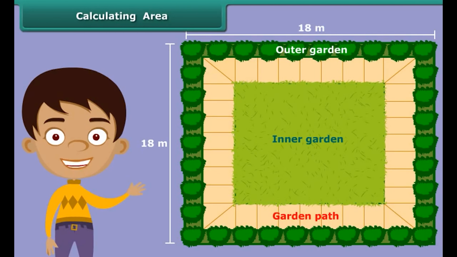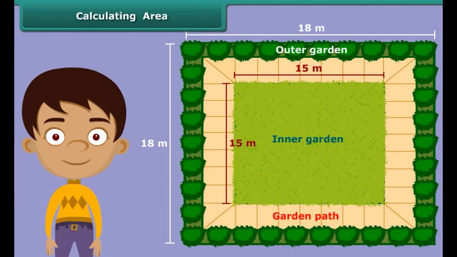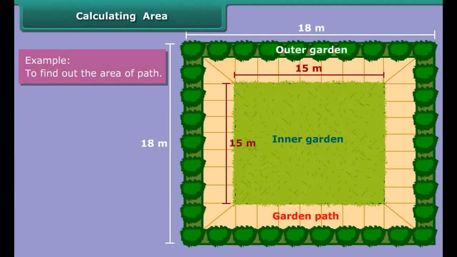We want to make a provision for a path on all the 4 sides. The inner garden, after the path is made, should be of 15 meters. We want to find the area of the path. To do so, calculate and deduct the area of the inner garden from the area of the outer garden.